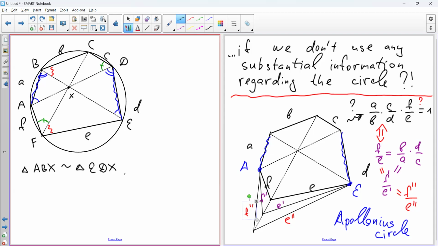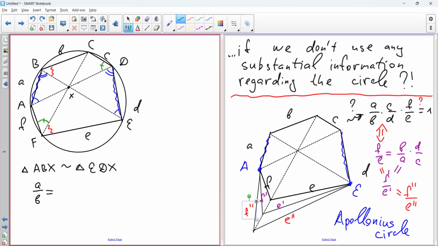So if I have similarity, I immediately or almost immediately translate that to the language of ratios, because similarity would be broken down into equalities of angles and equalities of segments, right?